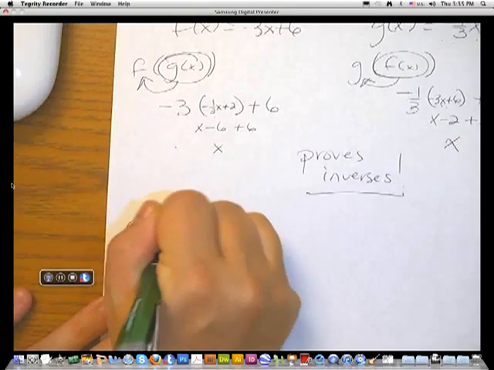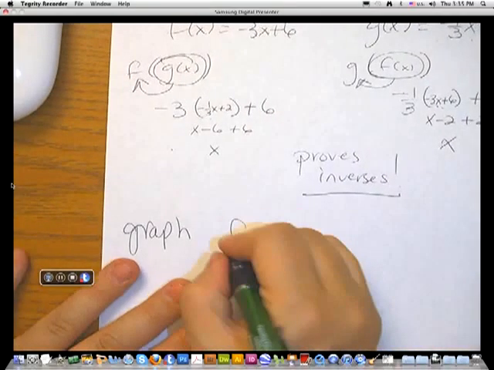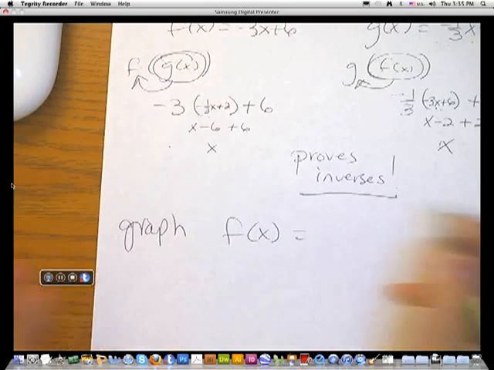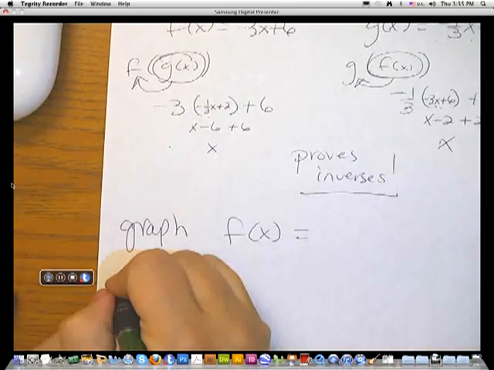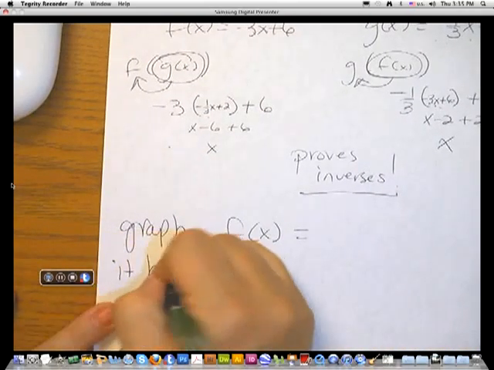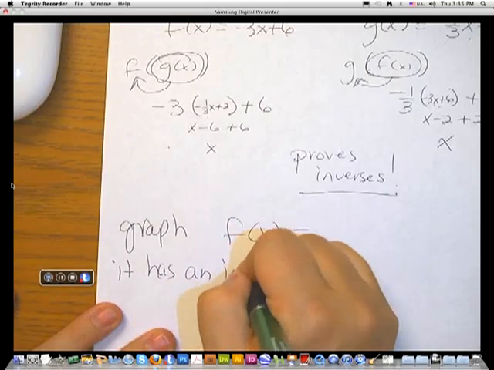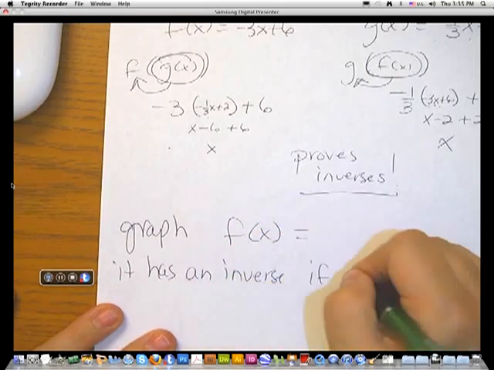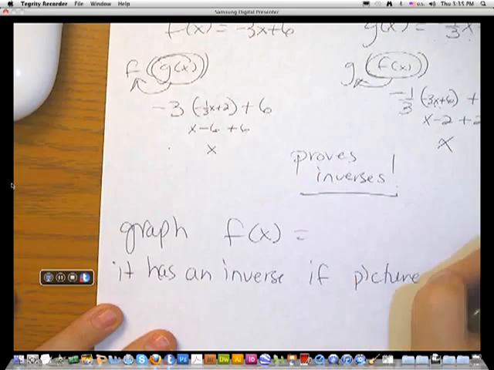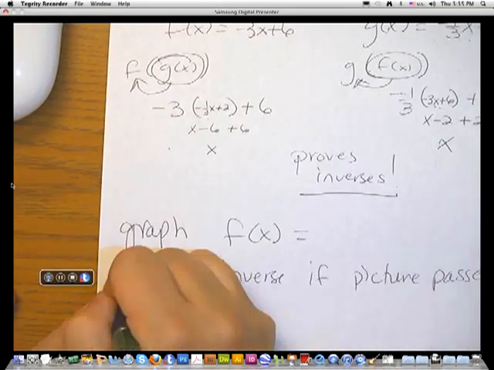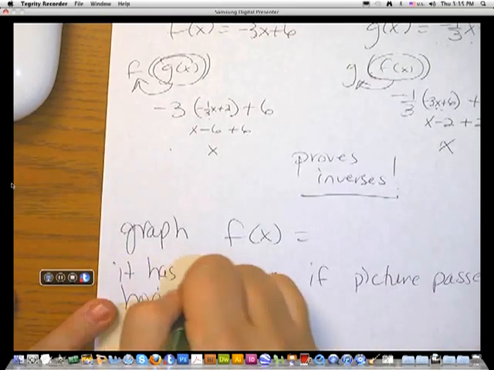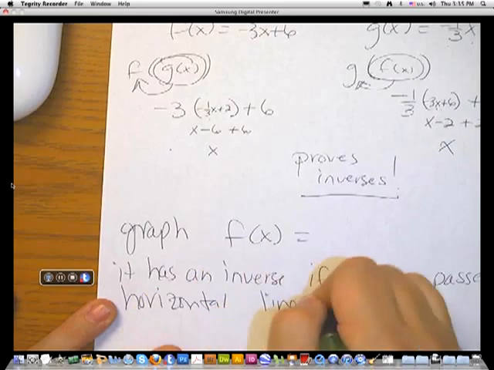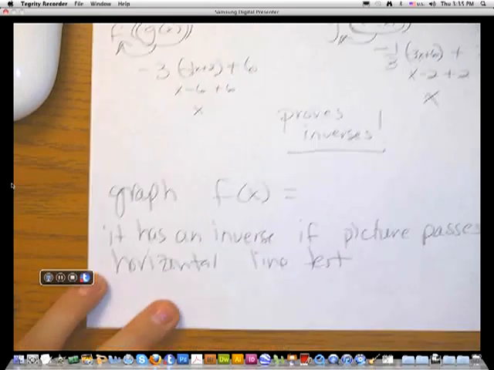If you're looking at a graph, and I say f of x is whatever, it has an inverse if the picture passes the horizontal line test.